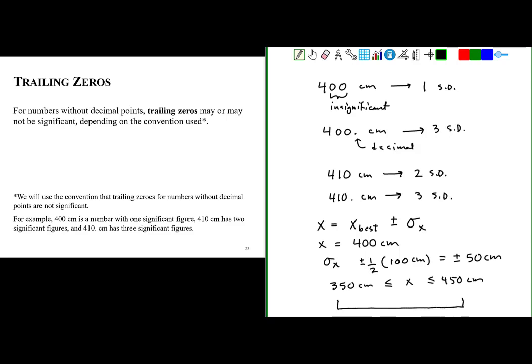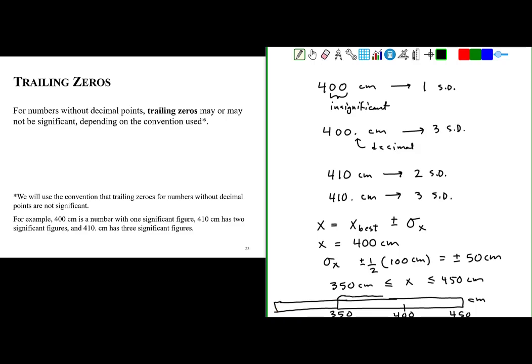Looking at this on, let's say, a ruler, this will be our 400 centimeter mark. This will be our centimeter ruler. This will be 450 centimeters, and this will be 350 centimeters. Okay, I need to extend this to the left so it can actually represent what I want it to represent. So this is obviously not to scale.